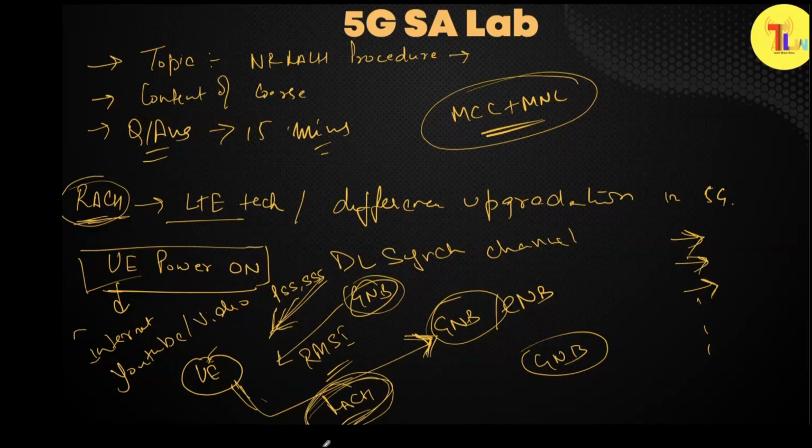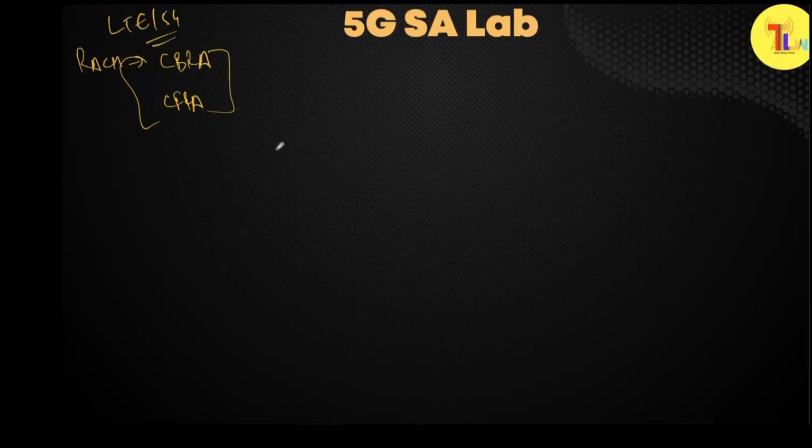RACH is also of two types: contention based RACH, CBRA, and contention free RACH. This is the same in both LTE and 5G. When you say contention based and contention free, a question may come to your mind.